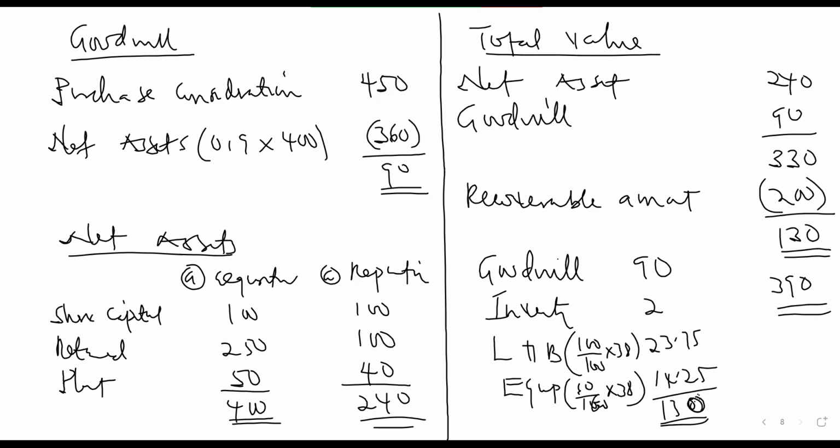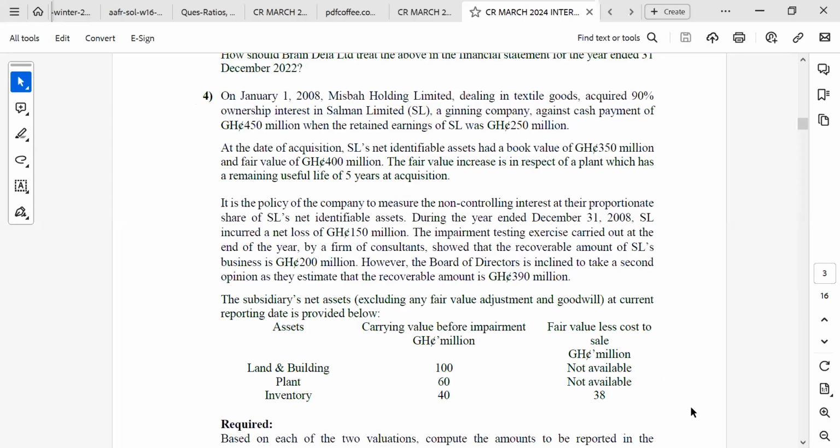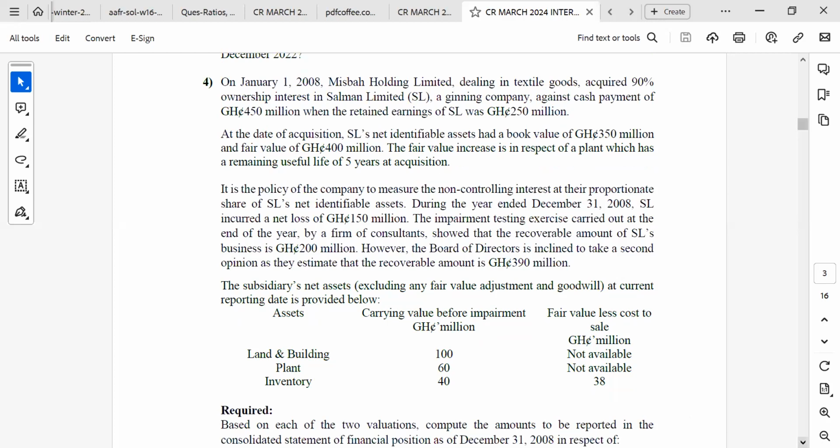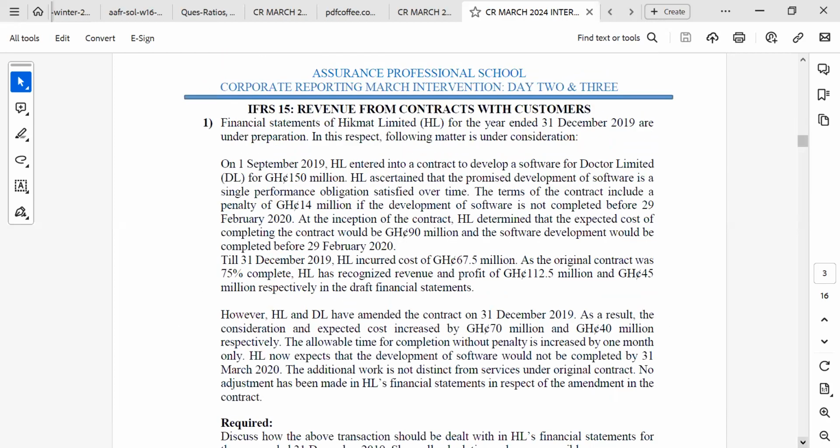They say, however, the board of directors is inclined to take a second opinion as they estimate that the recoverable amount is 390 million. So based on each of the two valuations, we are doing this. What are they asking us? They are asking us to find the carrying value.